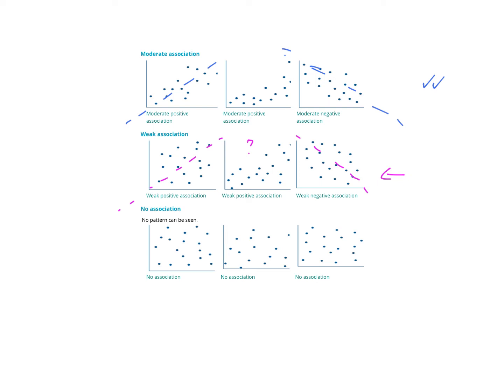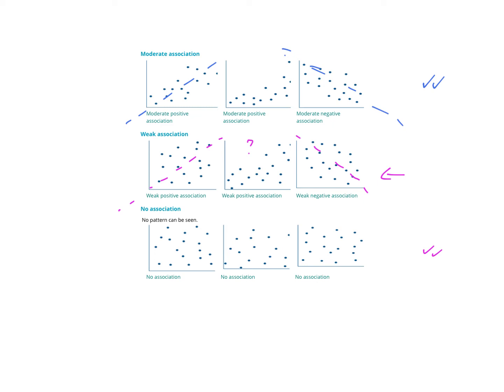And the last one here, we're looking at this one here. The dots are so spread out that you could put a line anyway and rationalize it, I guess. So just when you really can't see any sort of trend happening, you say that there is no association.